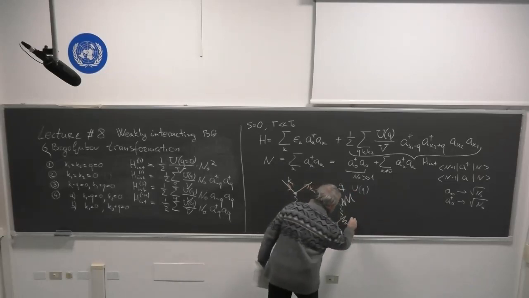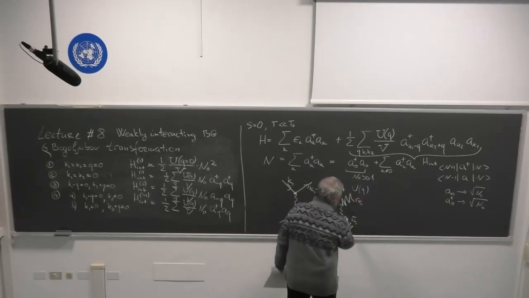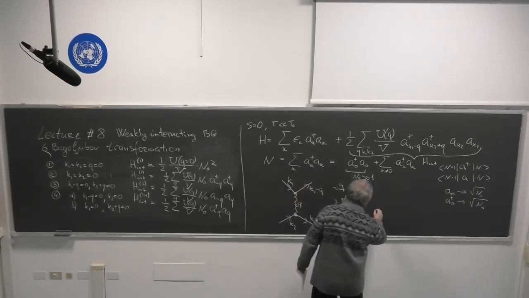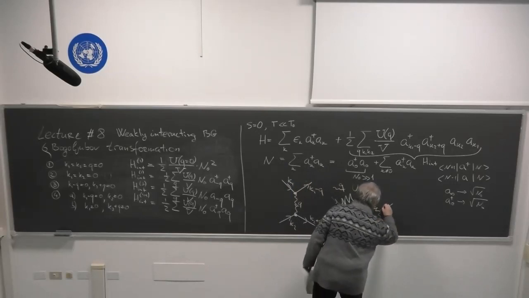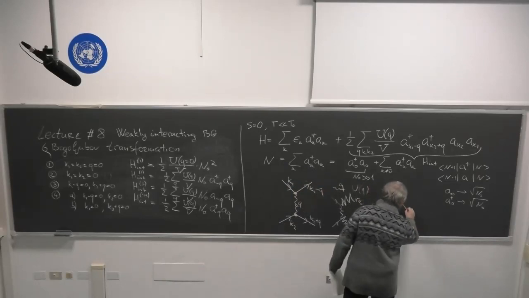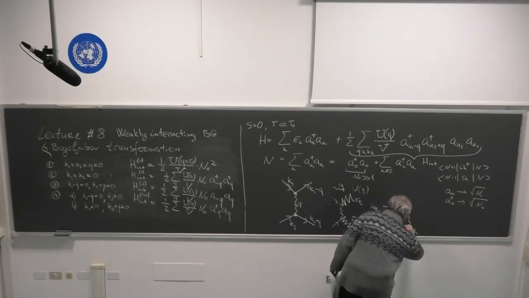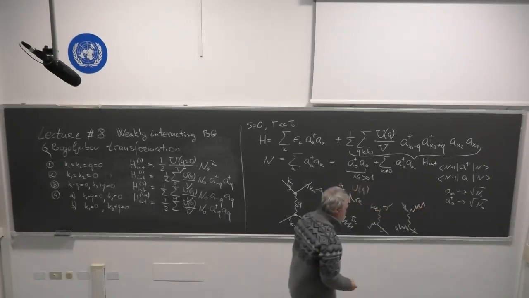These are condensate lines, square root over N node, square root over N node. This is a case 3, or I have a diagram. This is a case 2, or I have all sorts of diagrams. This is a case 4.